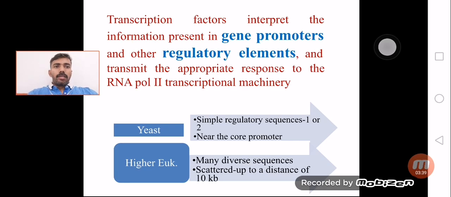These regulatory sequences are quite important in a eukaryotic system because the eukaryotic chromosome is a highly organized, condensed structure.